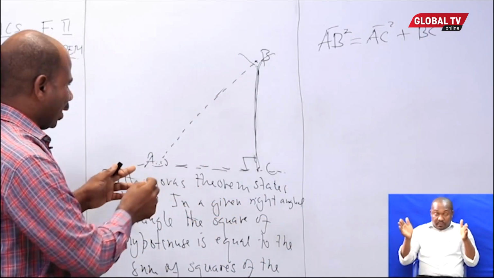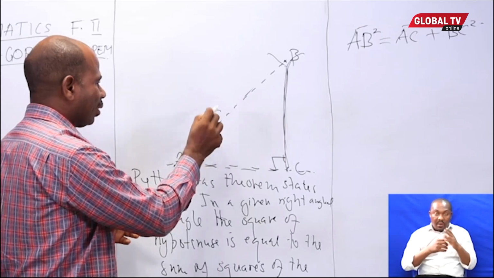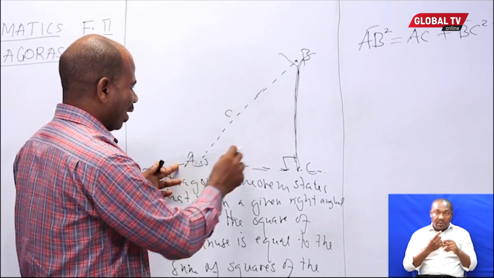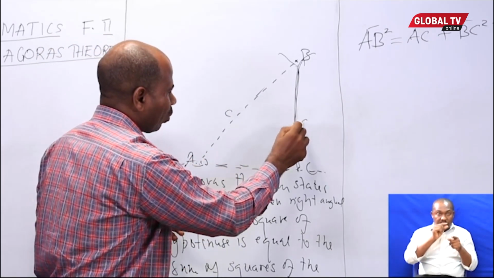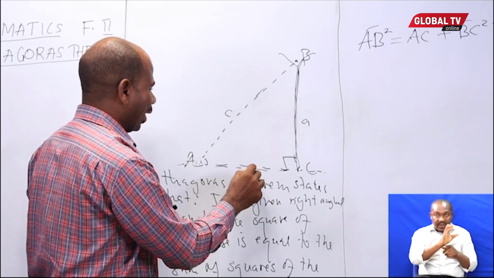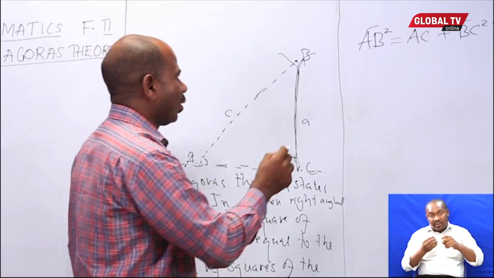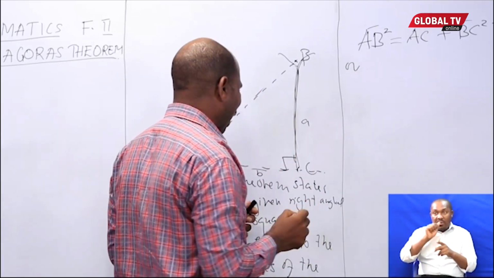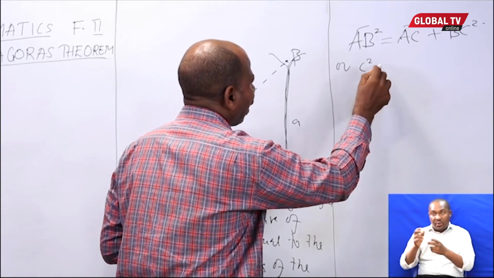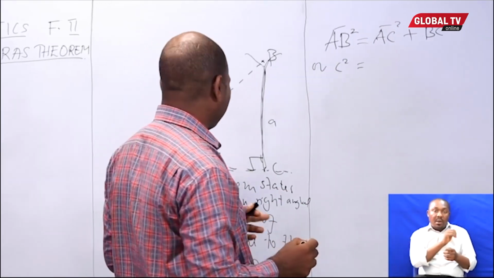And if we call this side small c, the side opposite to A is small a, and finally small b, the same theorem can be written as c square is equal to what?